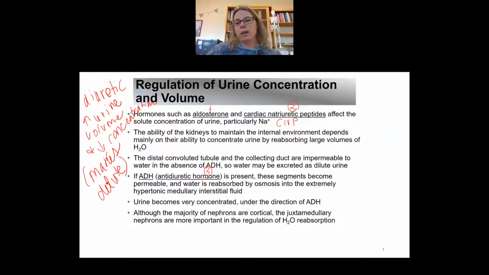A diuretic is going to want to clear more water and get more water flushed out of the body. Hormones like aldosterone and CNP affect urine concentration. ADH is going to look at urine volume.